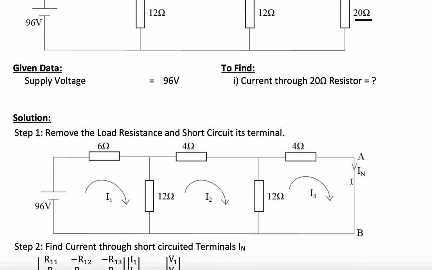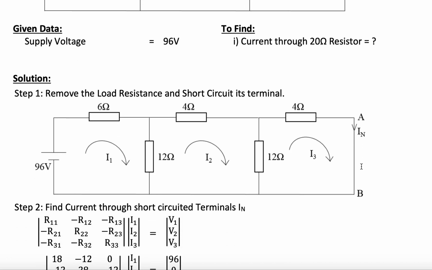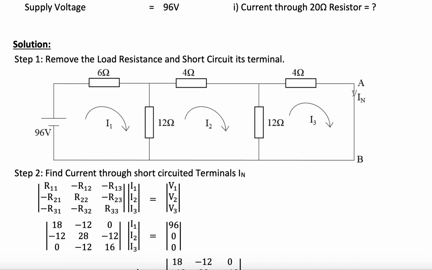Remove the load resistor, put a dead short circuit across the terminals A and B, and find the current through A and B. You got the point? IN equals I3. If you are following this method, no problem.